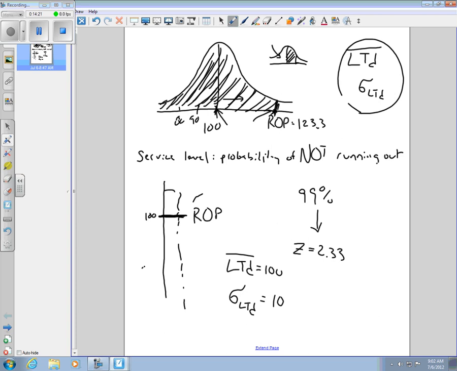So that's the meaning of reorder point. We have to take into account the variance, the standard deviation of my lead time demand. Of course, if lead time demand has greater variance, we need a much greater reorder point. If this had a variance of 100, then of course this would be much higher. Okay?